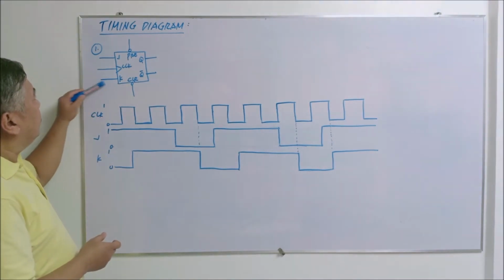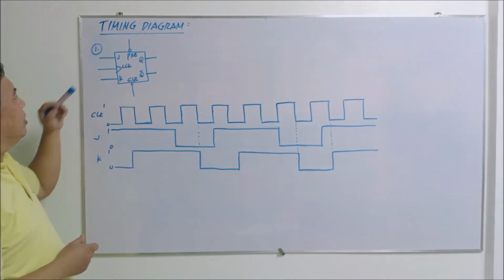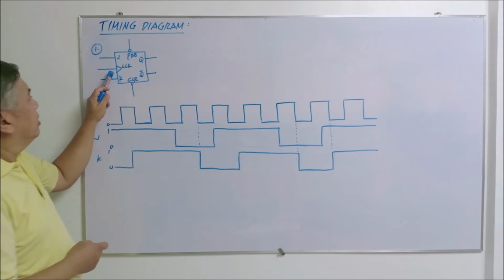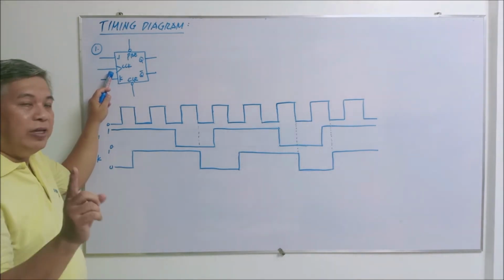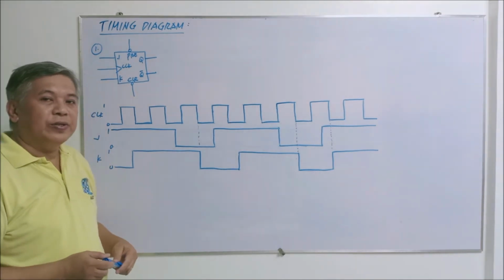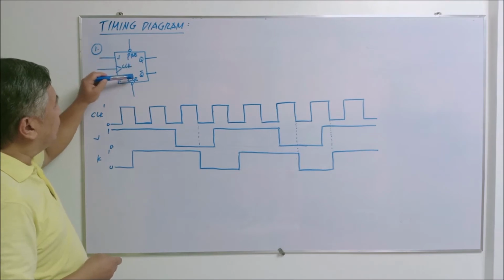Okay? So what we have here in our first problem, number 1, is a symbol of a positive edge triggered JK flip-flop, but this time with low preset and clear. Of course, we have output Q and Q bar.